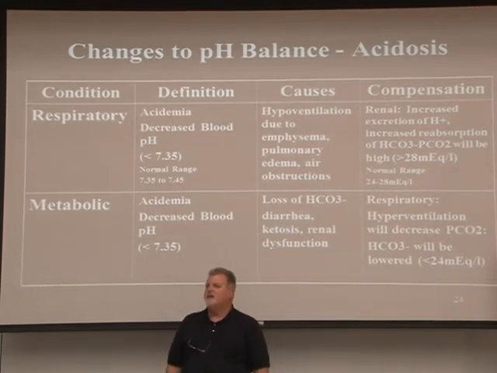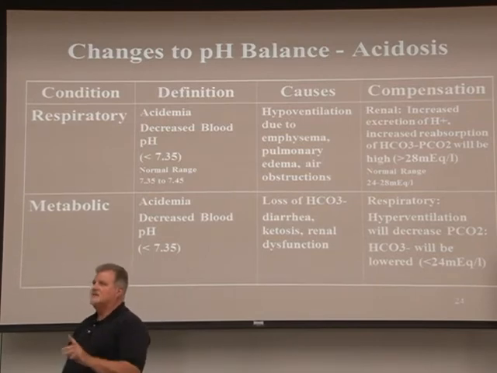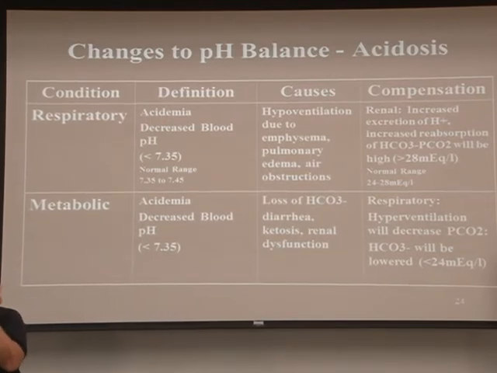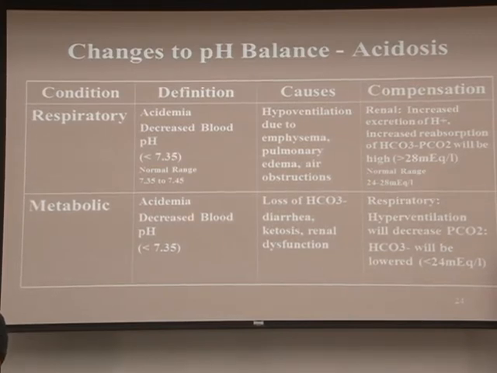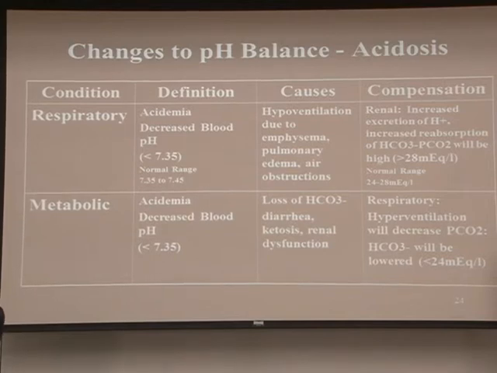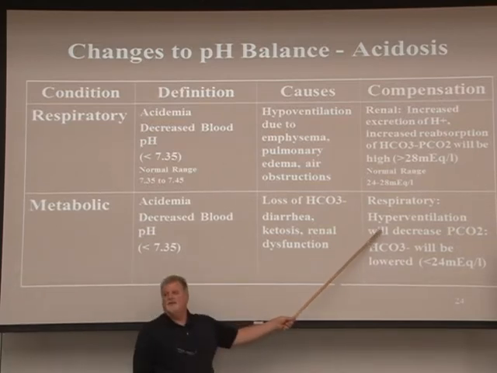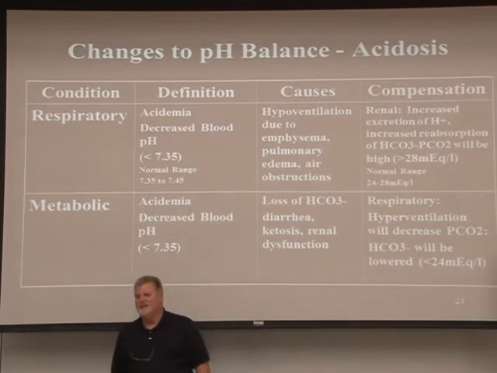So we're in a state of acidosis, which is essentially saying we have too much carbon dioxide in our blood. So if we want to get more carbon dioxide out of our blood, are we going to hypoventilate or hyperventilate? Hyperventilate, yeah.